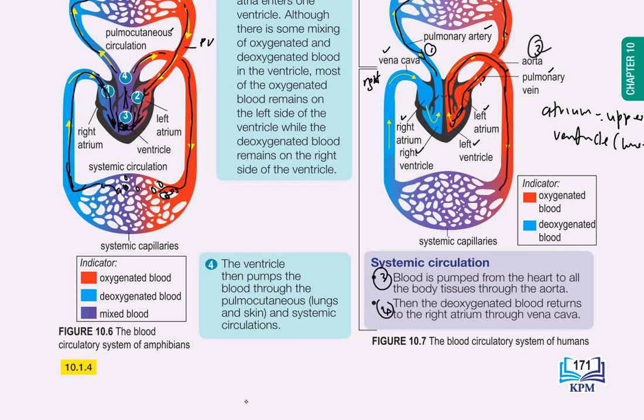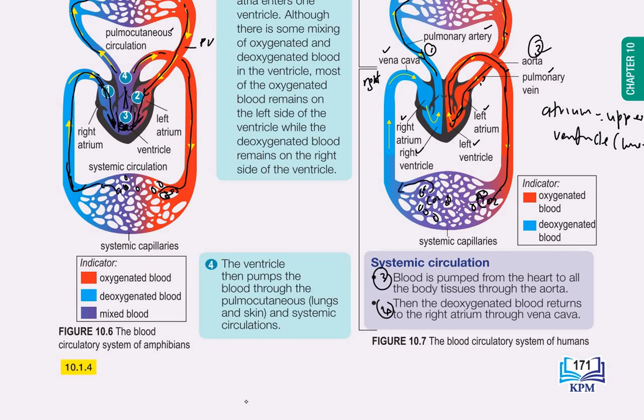In the systemic circulation, the exchange of gases occurs between the cells and the blood capillaries. We get the oxygen diffusing into the cell, and CO2 from the cell diffusing into the blood capillary.